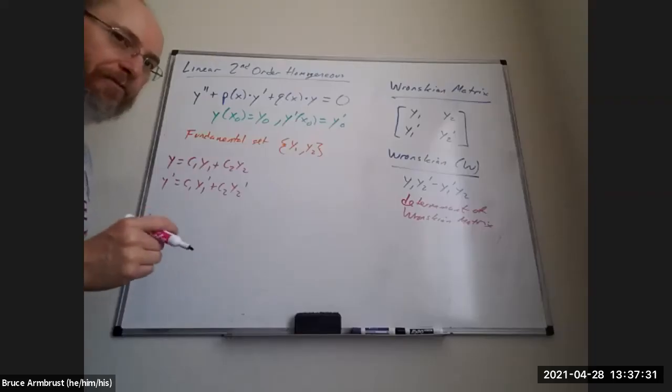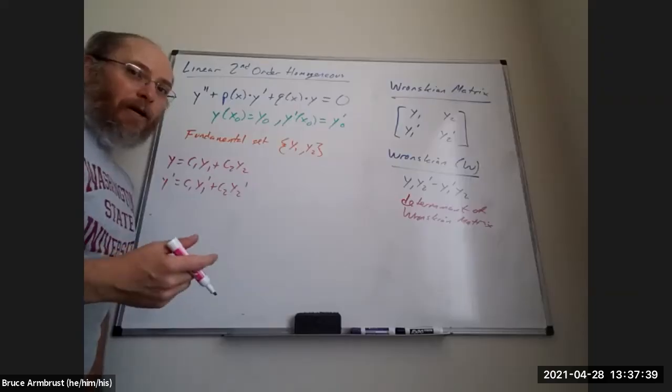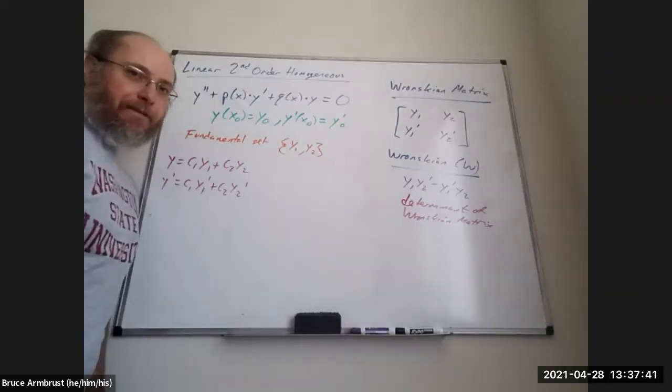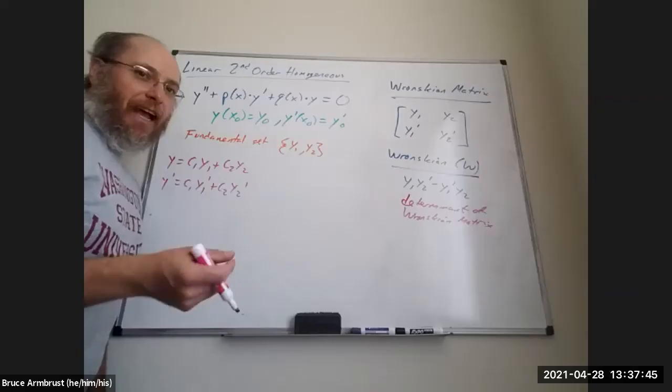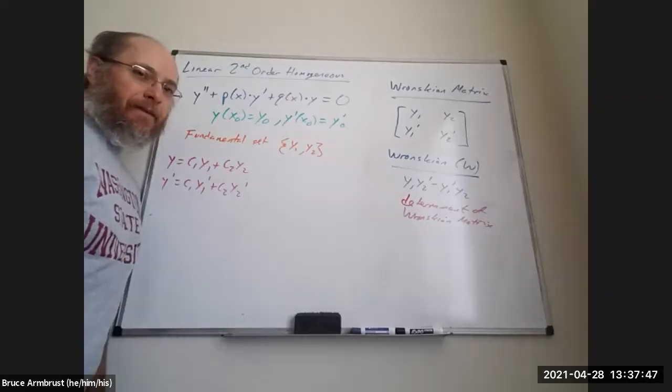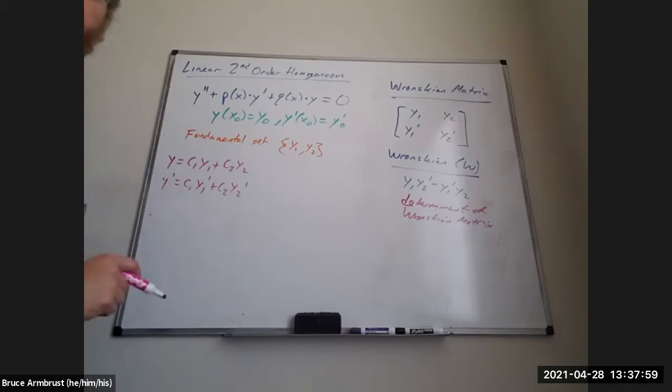We haven't proven that yet, but yes, we're going to see that that is a requirement of them. Right now, all we know is that they are a spanning set. But this is going to show that they have to be linearly independent. And then because they span and are linearly independent, they will be a basis for the solution space. So we're almost there, Brian.